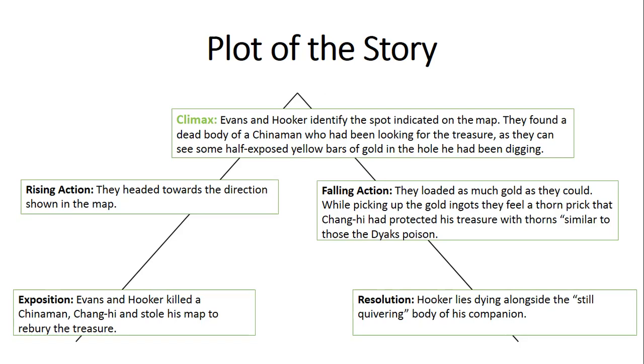Chang He had protected his treasure with thorns similar to those the Dayak people use for poison, which we call needle shaped thorns. That type of thorn was used there to protect his treasure, and it was poisonous also. So both of them were pricked.